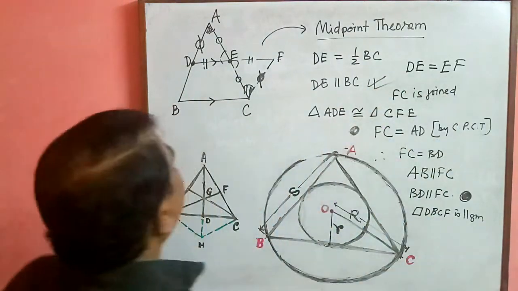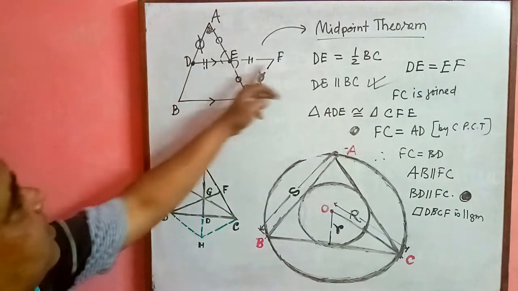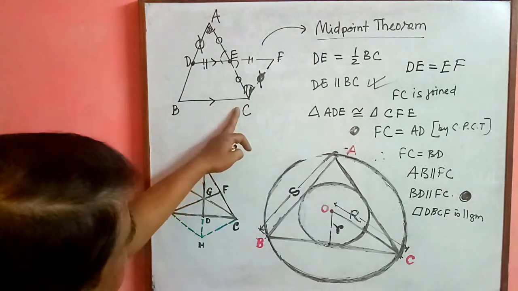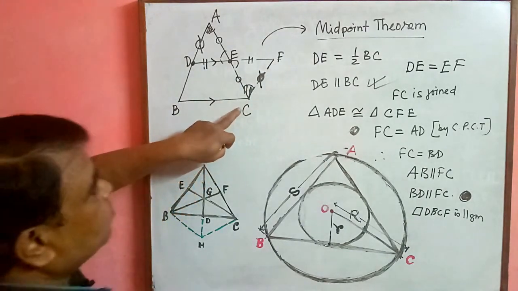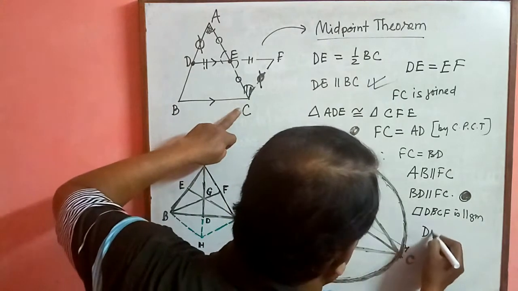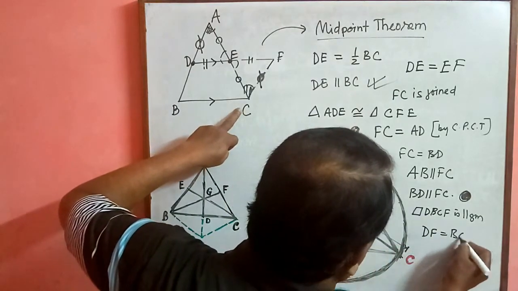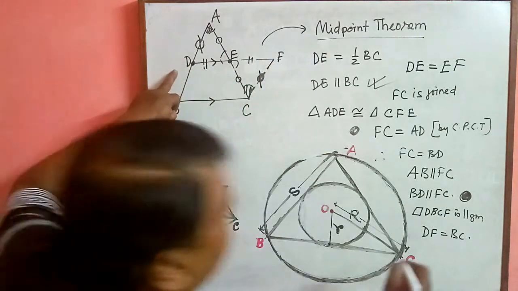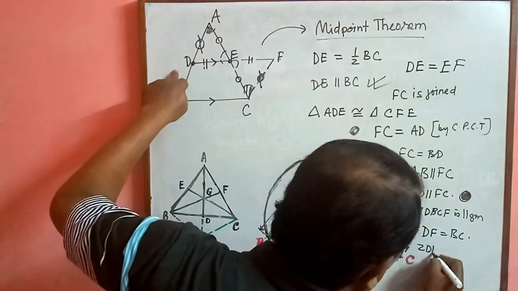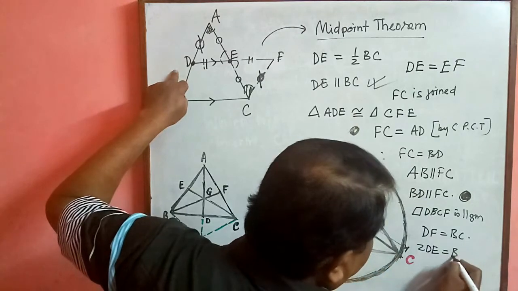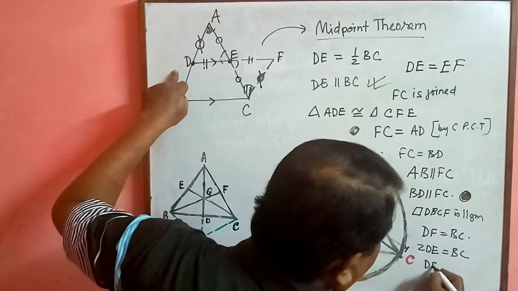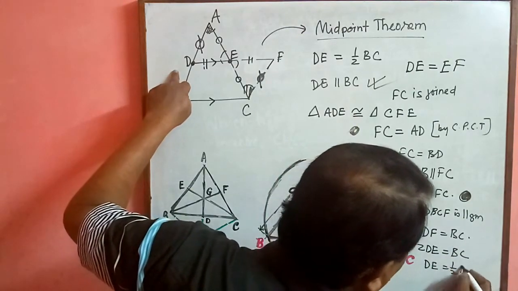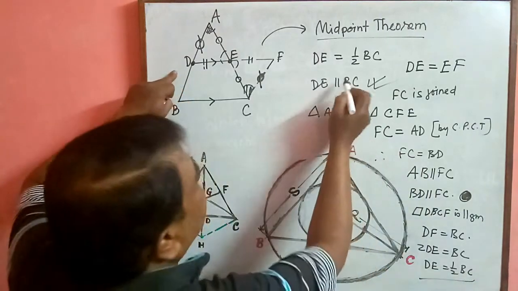And opposite sides of a parallelogram are equal. So DF is equal to BC. Now DF is nothing but 2DE. 2DE is equal to BC. So DE is equal to half of BC by length. That's what the theorem is.